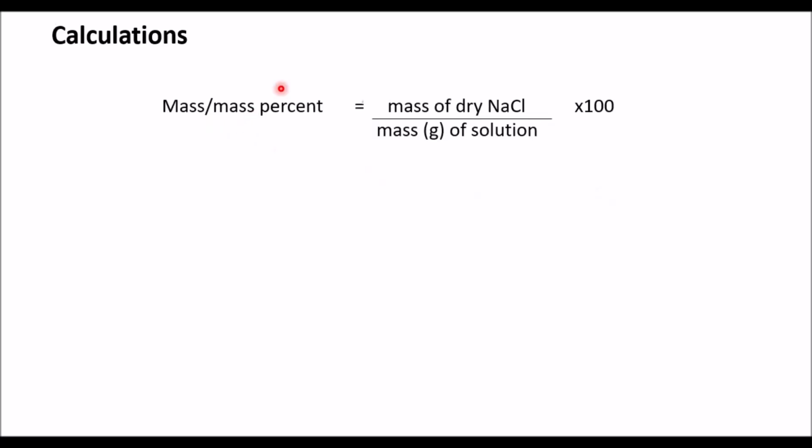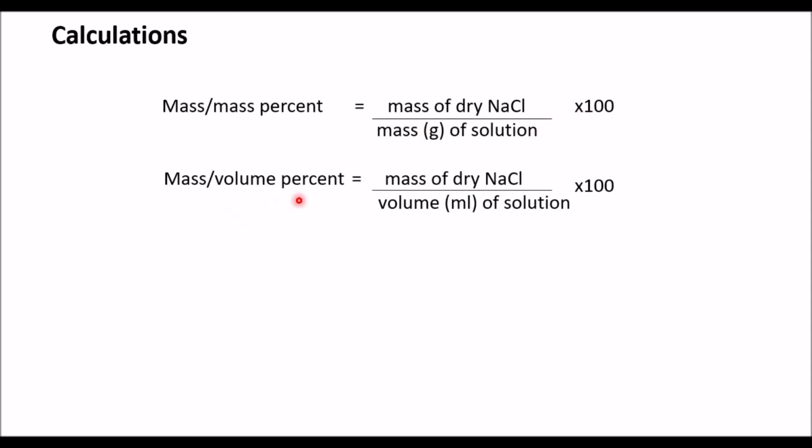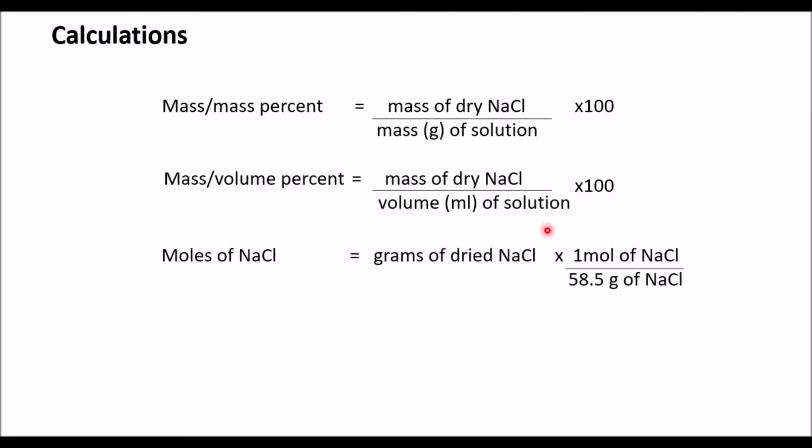Mass by mass percent concentration can be calculated using the formula mass of dry sodium chloride over mass of solution times 100. Mass by volume percent concentration can be calculated using the formula mass of dry sodium chloride over volume of solution times 100. Moles of sodium chloride is equal to grams of dried sodium chloride times 1 mole of sodium chloride over molar mass of sodium chloride.